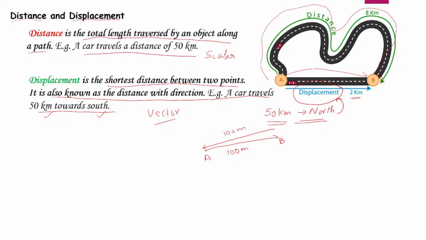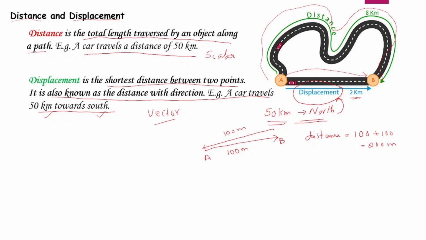First, it is going from A to B. Second, it is returning from B to A. So what is the distance traveled by that car? We say that the car traveled a distance of 100 plus 100, which is equal to 200 meters, isn't it?